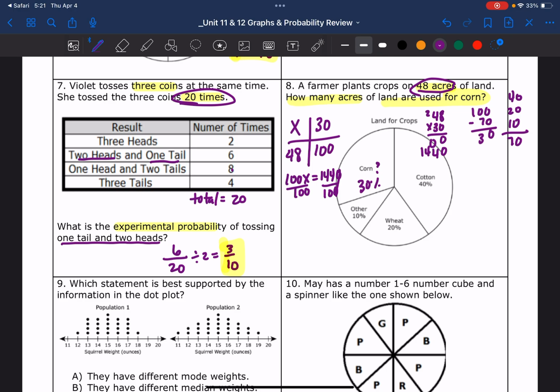We can take off one set of zeros, and we still have 10 here. So we can use the zero trick. We can go into the left once because we have 1 0. So that means that x is equal to 14.4 acres of land for corn.